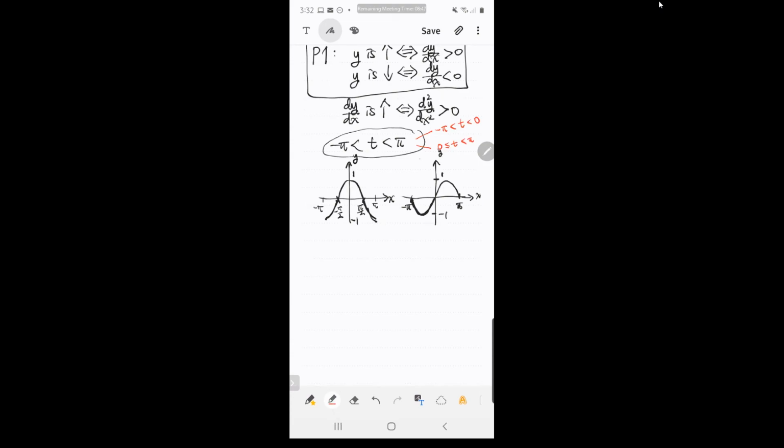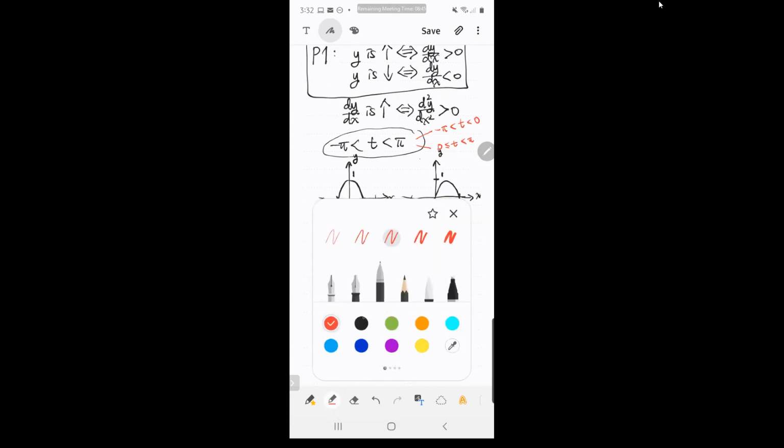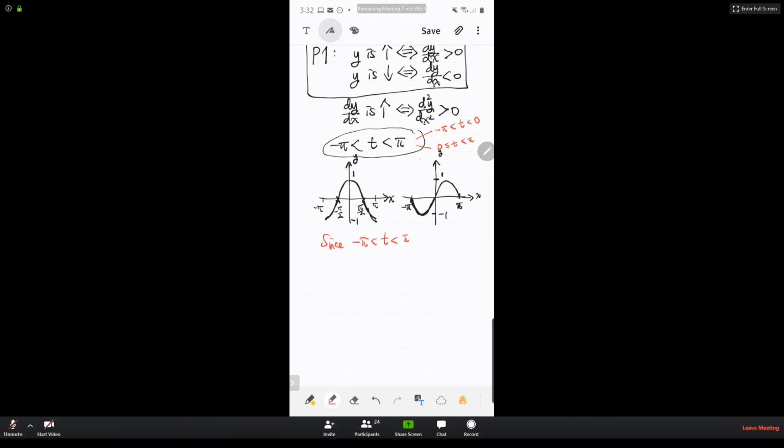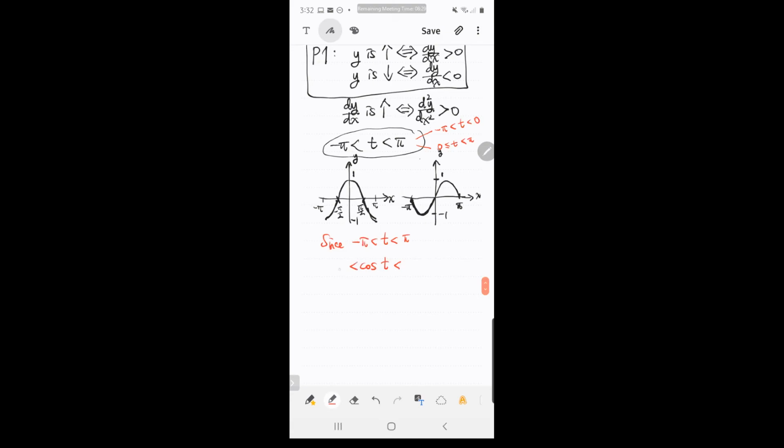For cosine, we argue for cosine first. Since t is in between negative pi to pi, for cosine, no issue. Why? Because from negative pi to pi, you know that your cos t is in between negative 1 and 1. So now you add 1 to all 3 sides.